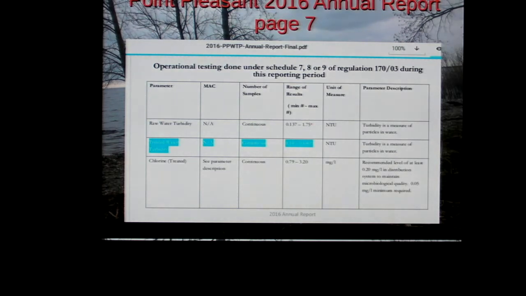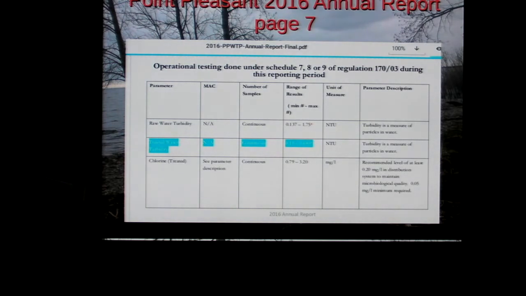Point Pleasant 2016 annual report, page 7. Highlighted is the treated water turbidity, the maximum acceptable concentration. I wrote non-applicable. That's not true. They cannot pump out whatever turbidity they want. They would like to, maybe, because they have such bad water coming in according to this report, but that's not the way it works.